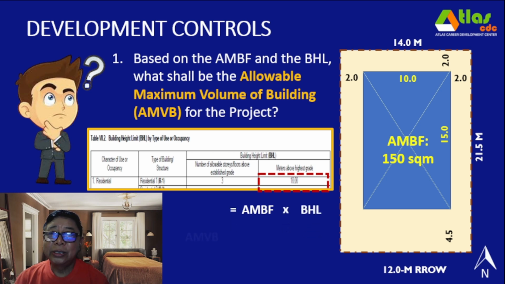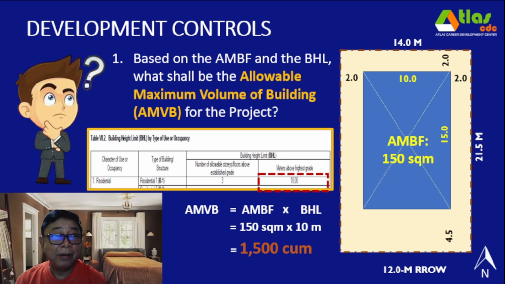And so, our value for the AMVB will be the AMBF of 150 times the BHL of 10 meters, which will give you an AMVB of 1,500 cubic meters. So this is the initial value of the AMVB, or simply your AMVB that is based on your value of the AMBF and the BHL.